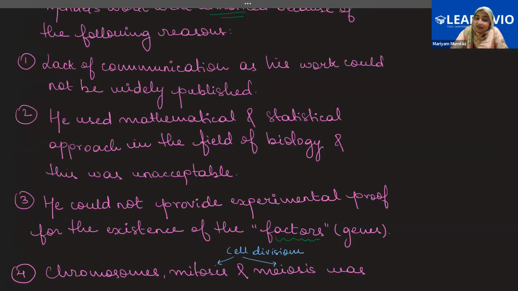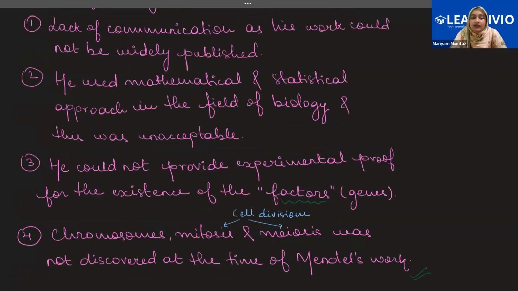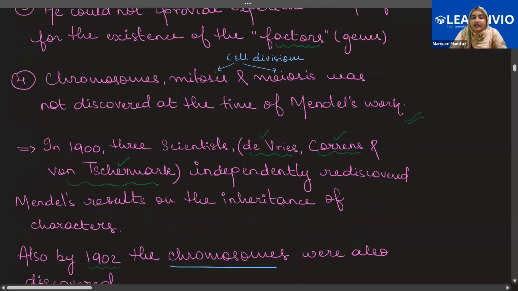Apart from that, he used mathematics and statistical knowledge in the field of biology. Many things were not yet discovered, so he called them factors, and he did not have any proof because nothing was discovered at that point of time. Lastly, chromosomes and all of these things were not discovered at that point of time.